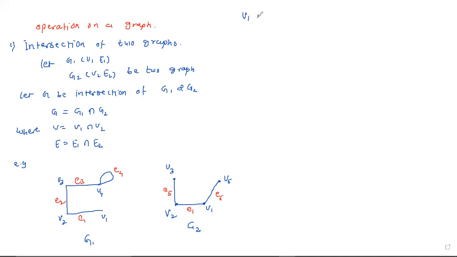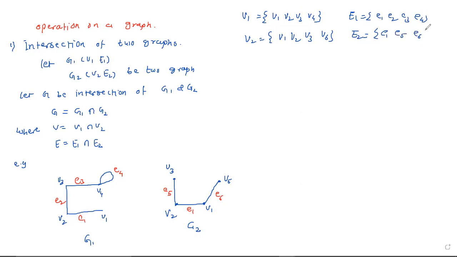So what is V1? V1, V2, V3, V4. What is V2? For the second graph, V2 is the vertex set where we have V1, V2, V3 and V5. Okay. Edge set for the first graph is E1, E2, E3, E4, and edge set for the second graph we have E1, E5 and E6.